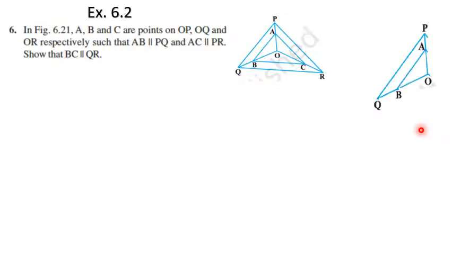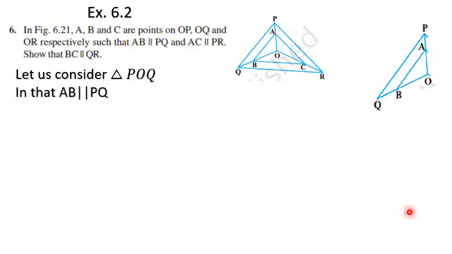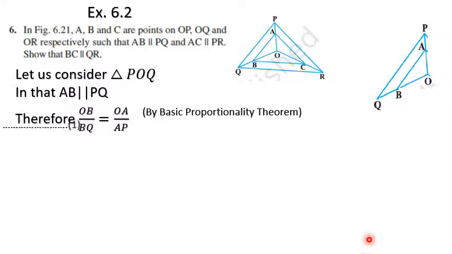So first let us consider the triangle POQ. In that triangle, AB parallel PQ. So we can say OB by BQ is equal to OA by AP by the basic proportionality theorem, equation 1.